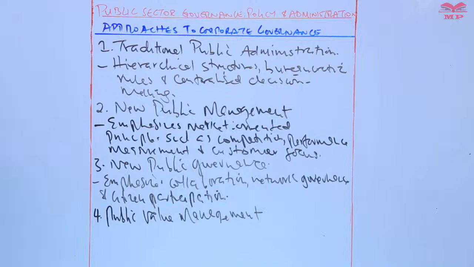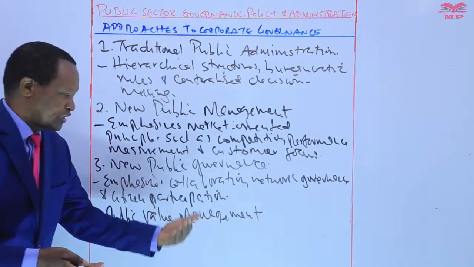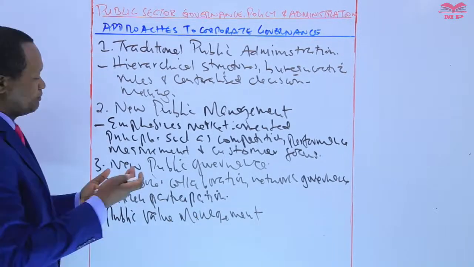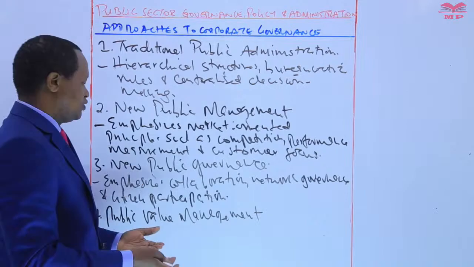So the public value management emphasizes the importance of understanding and responding to the needs of the citizens and their preferences. It aims to make the public sector more relevant and responsive, but it can also be difficult to measure and may lead to conflicts between different stakeholders. That is the public value management.